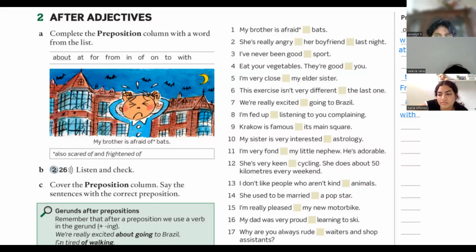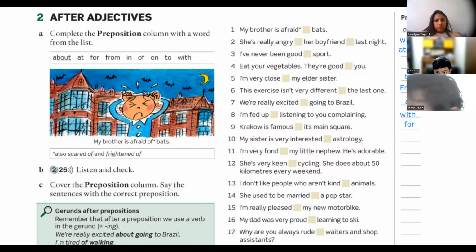My sister is very interested in astrology. Interested in. Joan, 11. I'm very fond of my little nephew.